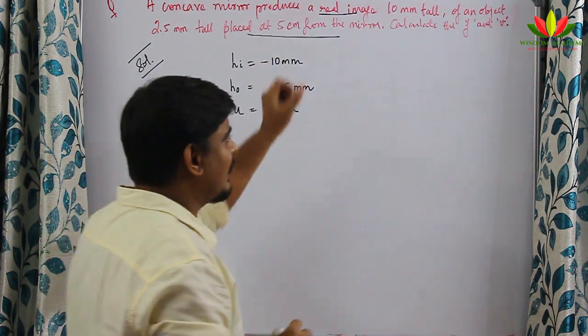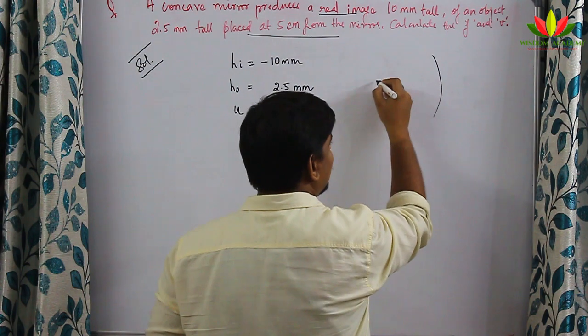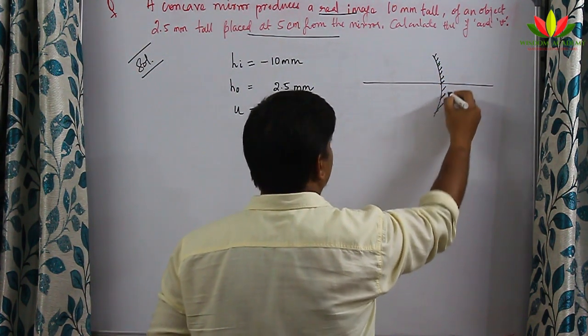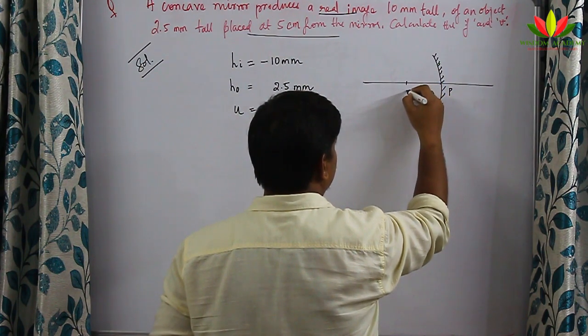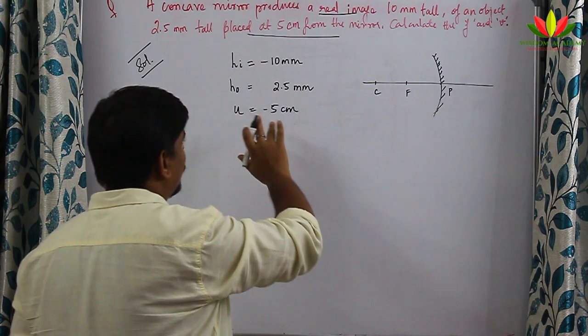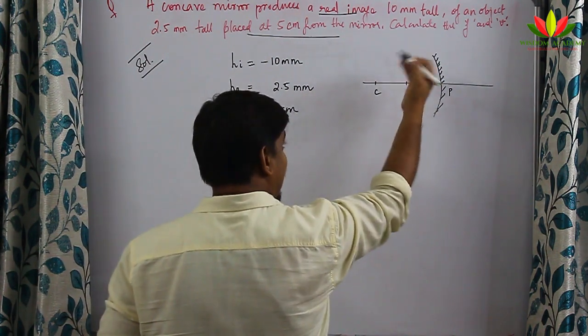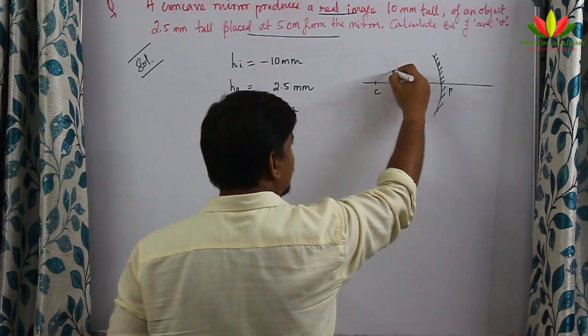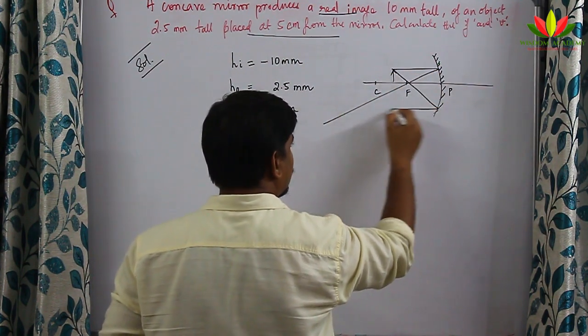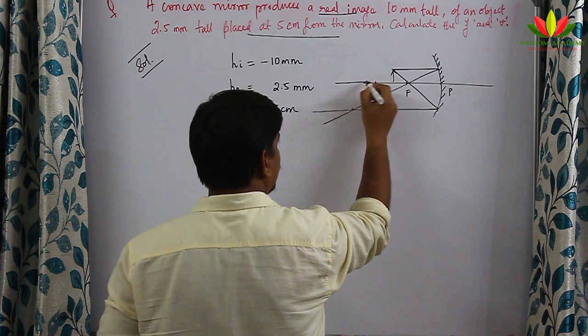So you can draw this diagram simultaneously in your rough space like this. This is a concave mirror and this is P, this is F and this is C. They have not given out the value of all these things, but somewhere I have myself located that the object is between C and F. So the image will be something like this, and here the image will be formed.